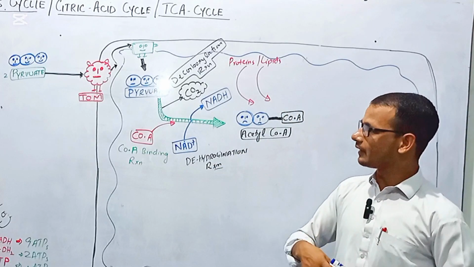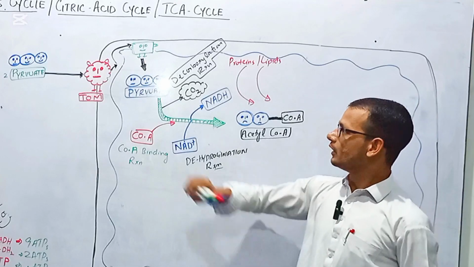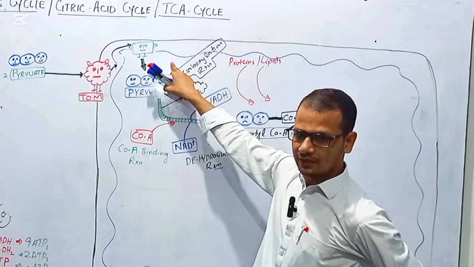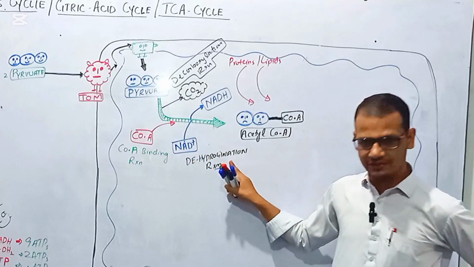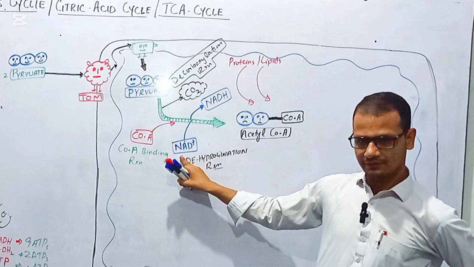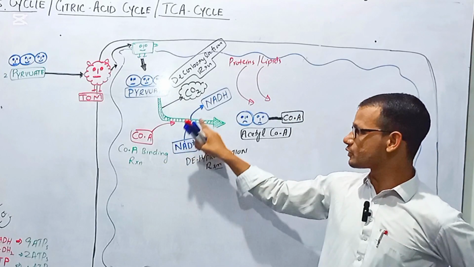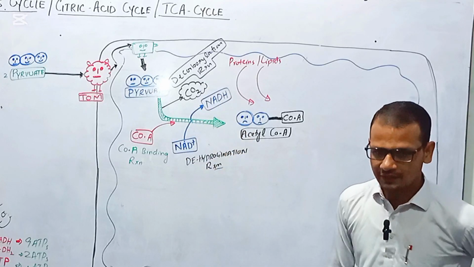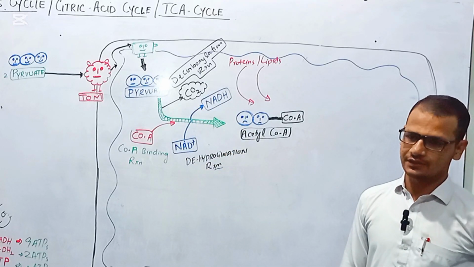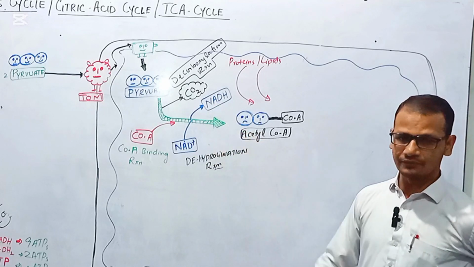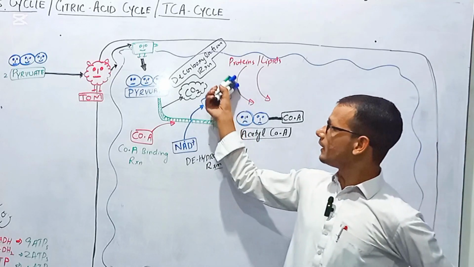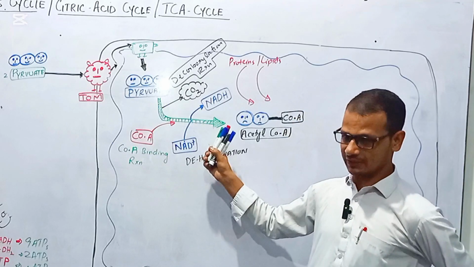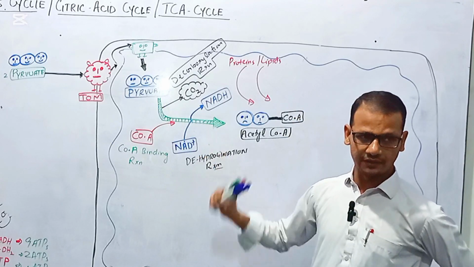And at the start I told you the Krebs cycle is a series of decarboxylation and dehydrogenation reactions in which energy is stored in the form of NADH, or NAD is reduced into NADH, right? This is the stored form of energy. Now we will discuss how these reactions take place and how this link reaction is regulated.